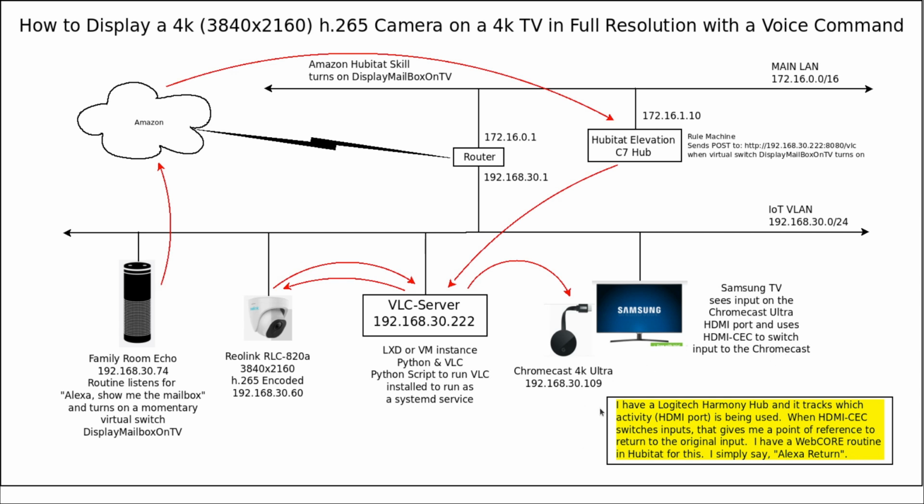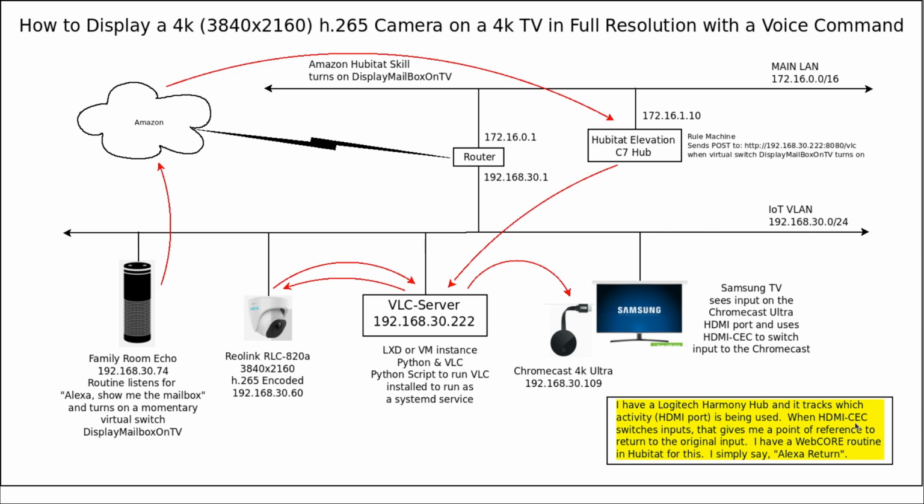Now, I took this kind of a step further in my environment, and this has been around for a long time over here, but I have a Logitech Harmony Hub, and it tracks which activity, like for example, maybe Watch Fire TV is engaged, and therefore it knows which HDMI port that's running on.